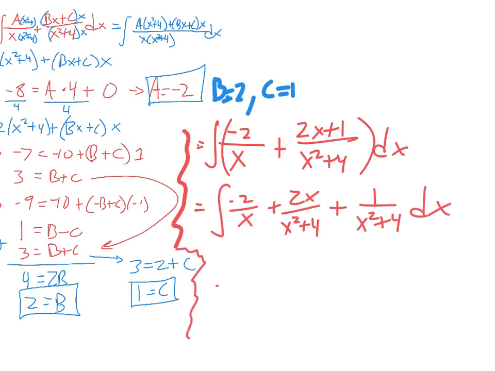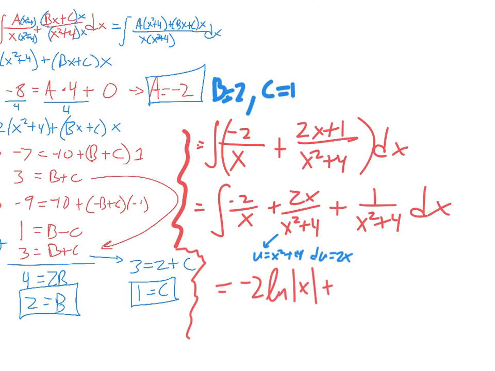Okay, and so let's find the antiderivative. We got that equals negative 2 natural log of x plus, I'm going to use some u substitution here. u is x squared plus 4, and du is 2x. Notice we have that. So we can go ahead and take the antiderivative of this.